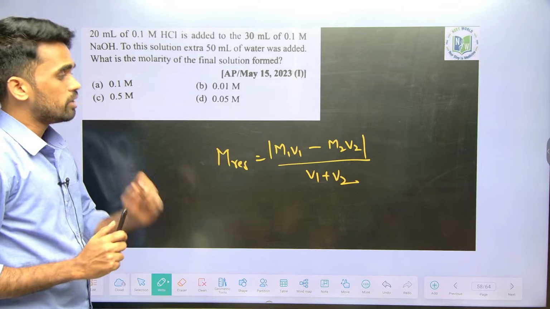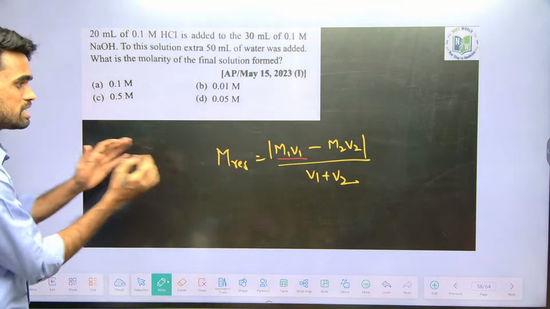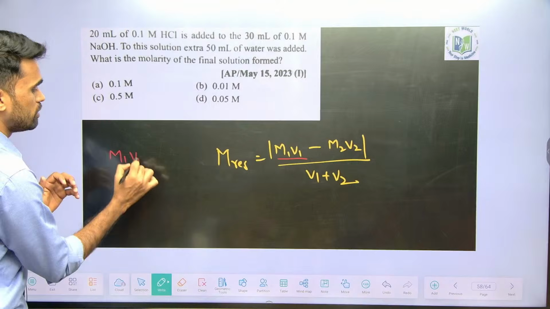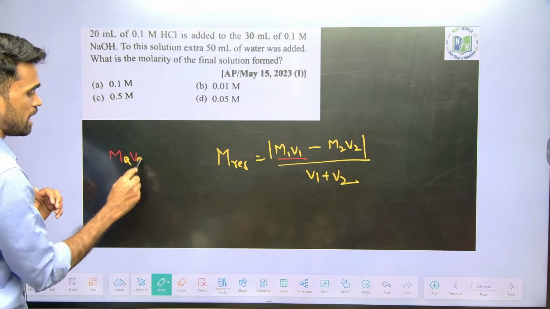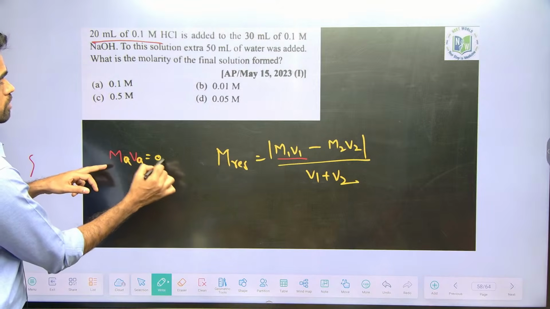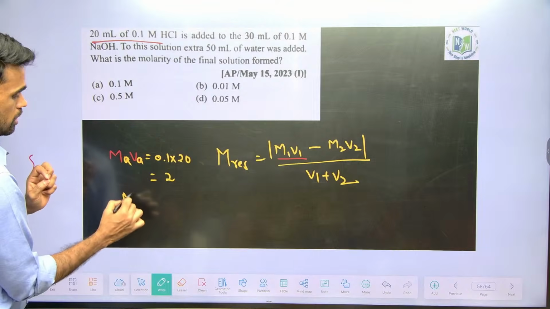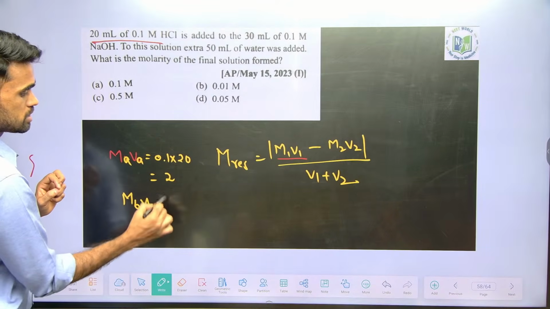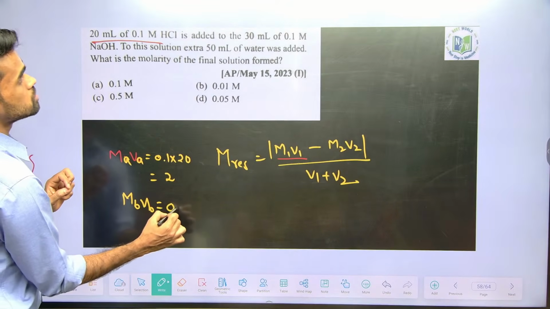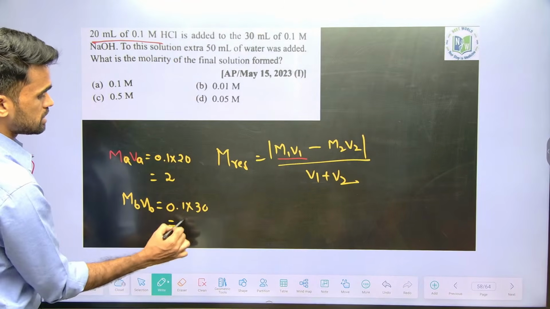So now look at this. Let us say this is acid, M acid, V acid. How much for acid have they mentioned? 0.1 into 20, so it will be 2. MB VB, how much is it? 0.1 into 30, so this is 3.